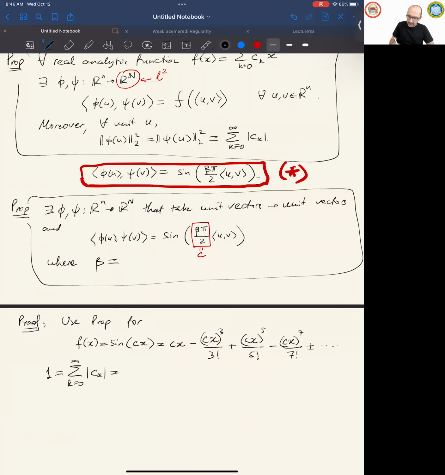The sum of ck becomes c. First coefficient c, second coefficient is c cubed over 3 factorial. Next is c to the 5 over 5 factorial, c to the 7 over 7 factorial, and so on and so forth. And now we're solving this equation for c.